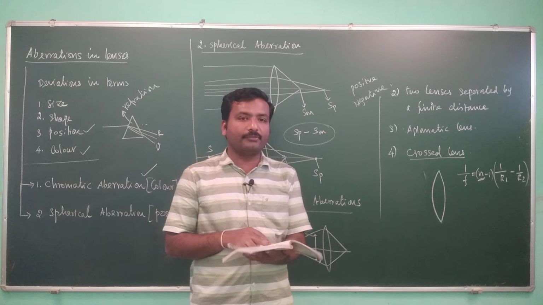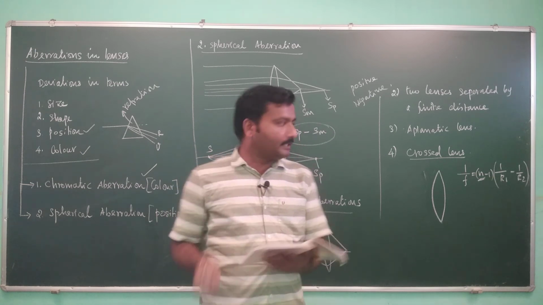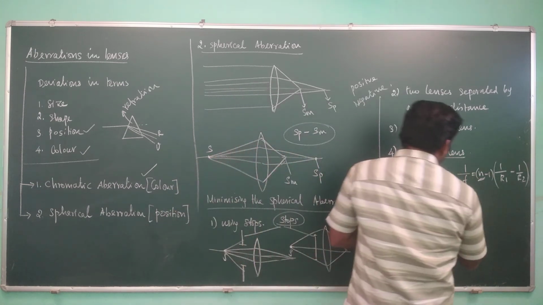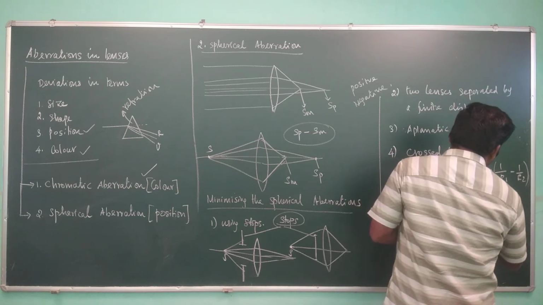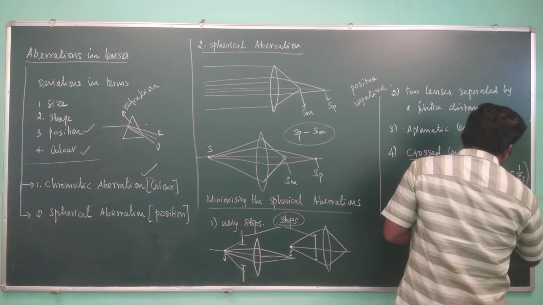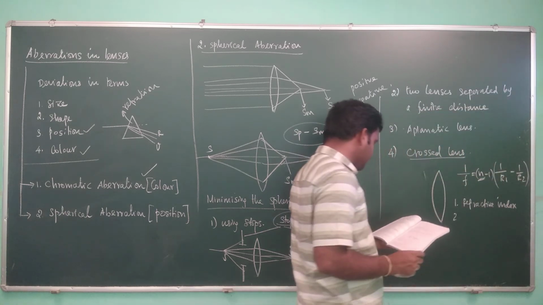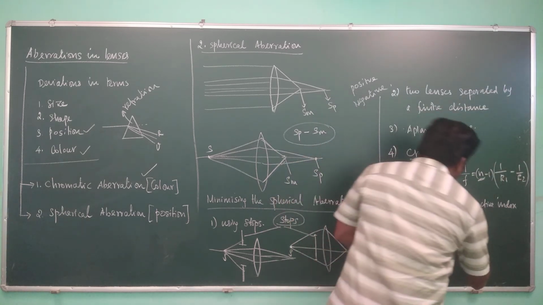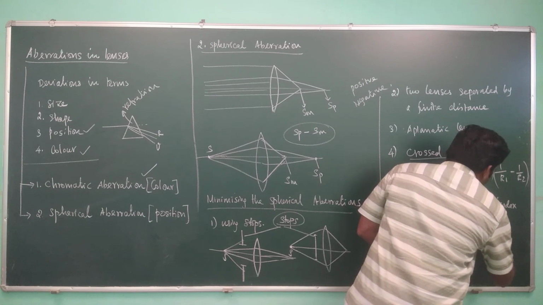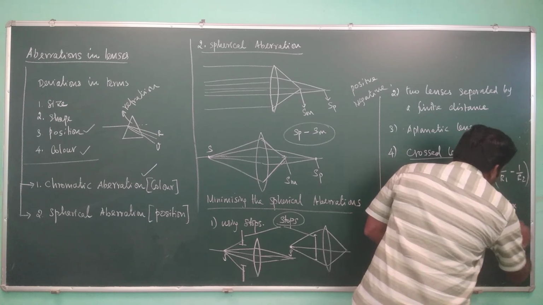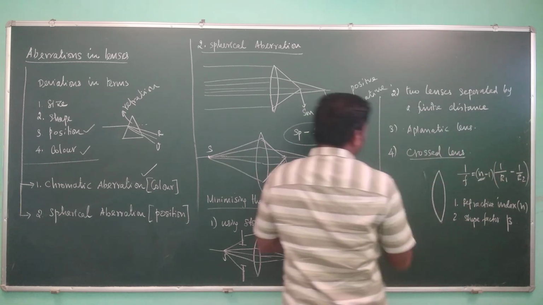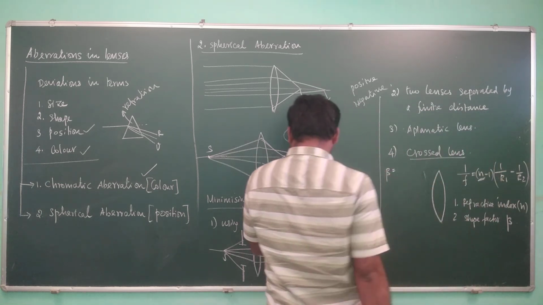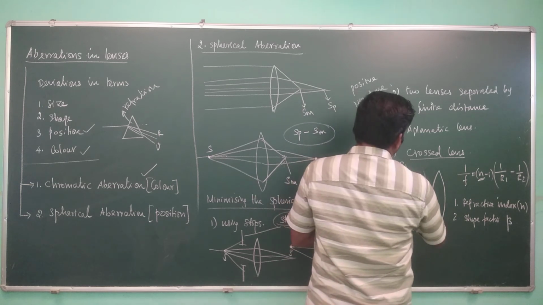Wavelength is related to the refractive index, so the spherical aberration depends upon the refractive index, and second, it also depends upon the shape factor beta. Refractive index is n, and shape factor beta is nothing but the ratio between the radii of curvature R1 and R2.